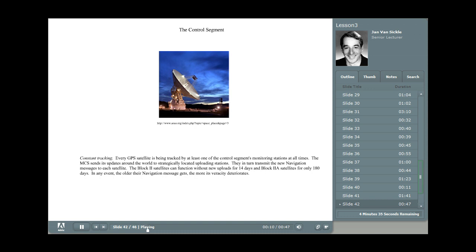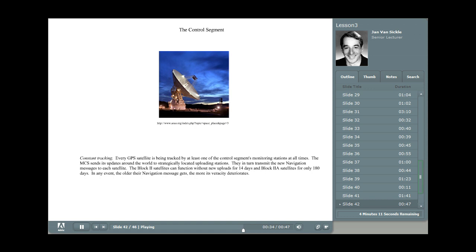Now, it's valuable to know that the control segment means that every GPS satellite is tracked by at least one of the monitoring stations, and now that we have an upgraded control segment, most of them are monitored by at least two simultaneously.